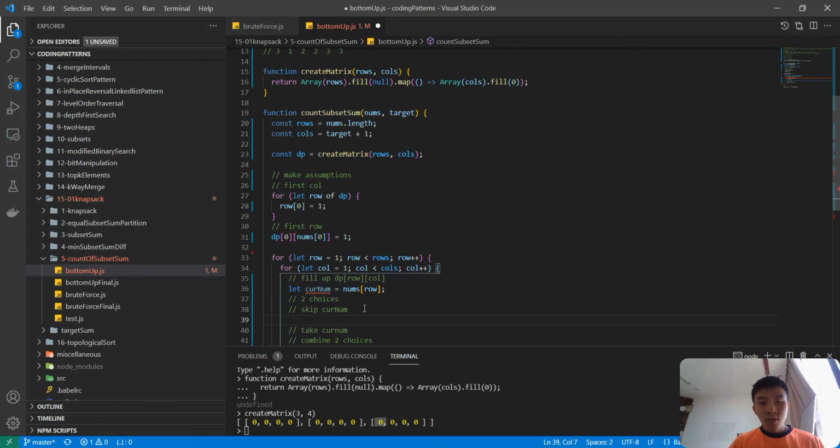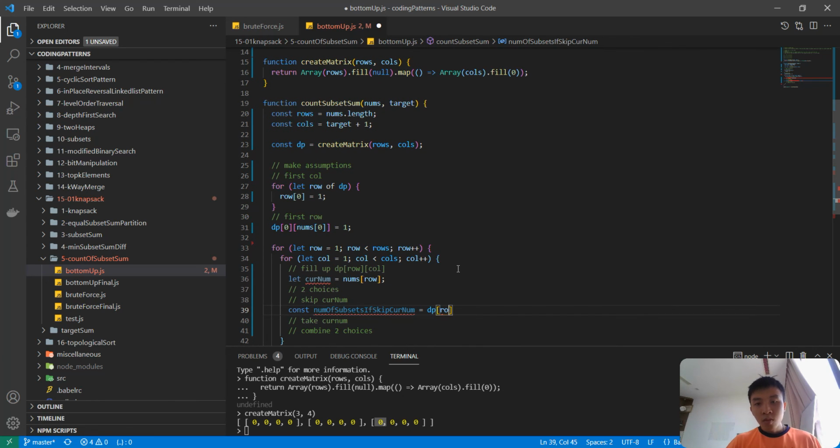So if I skip the current number, it would be the cell right above, which is the cell at the same column, but one row above, right?